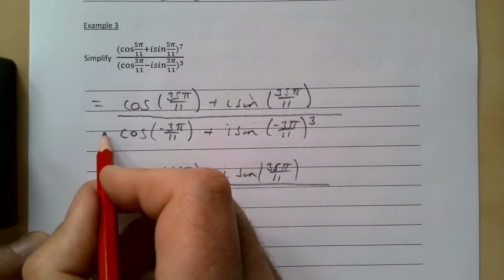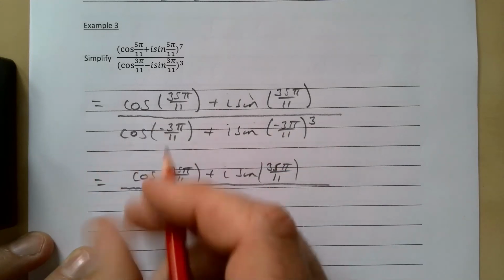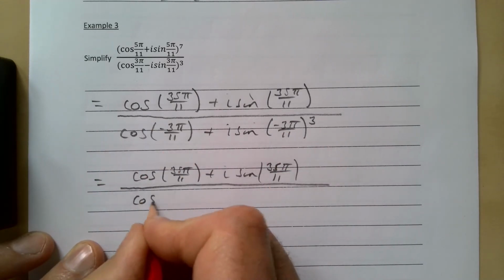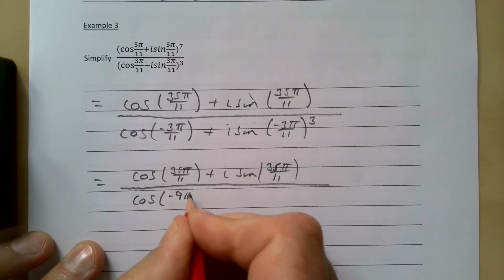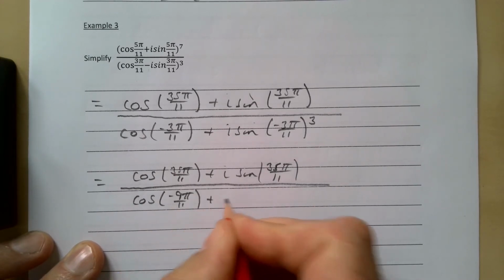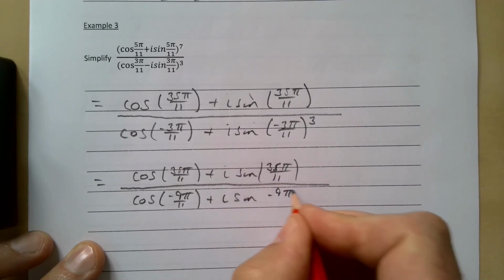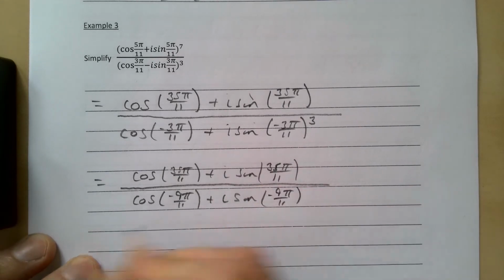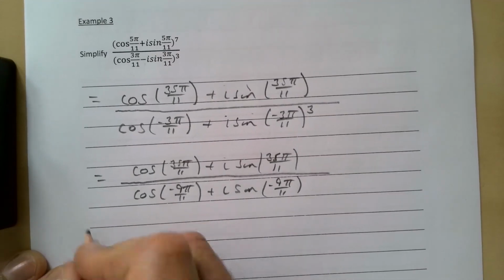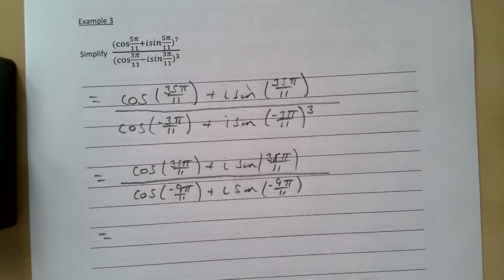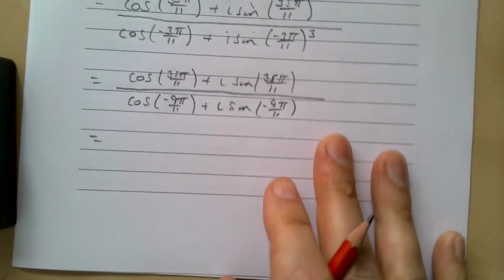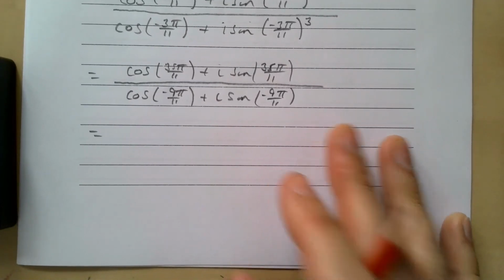Obviously if there was a number out the front, which would normally be an r, we would cube it, but it's just a 1, so that stays as it is. And then we have cos minus 9 pi over 11 plus i sine minus 9 pi over 11. The rule here is that we want to subtract these two angles.